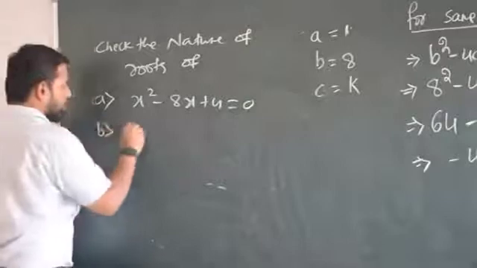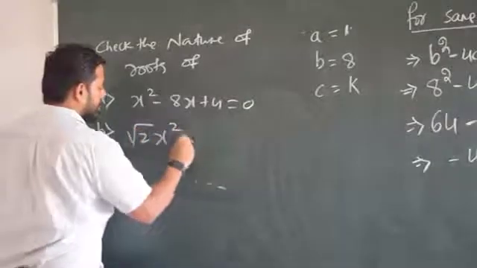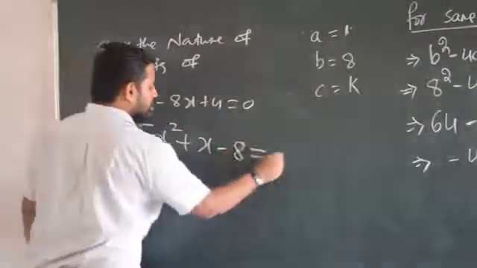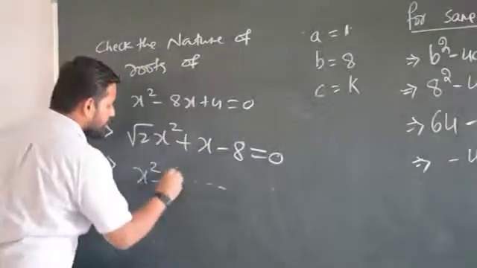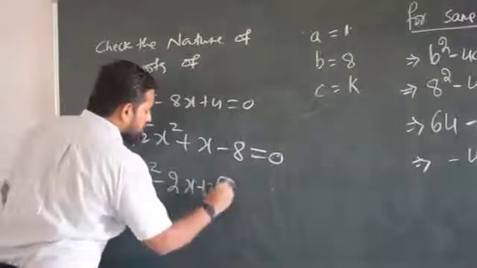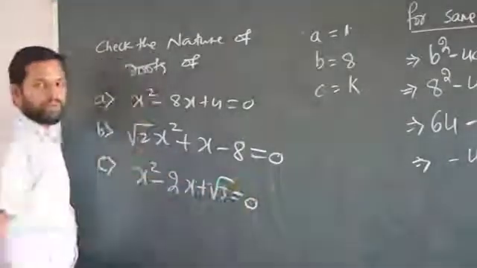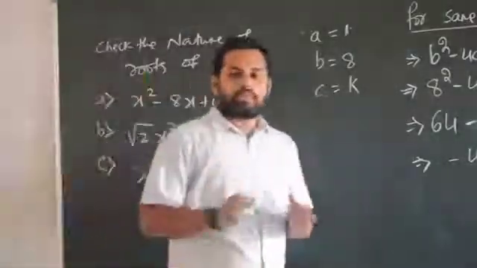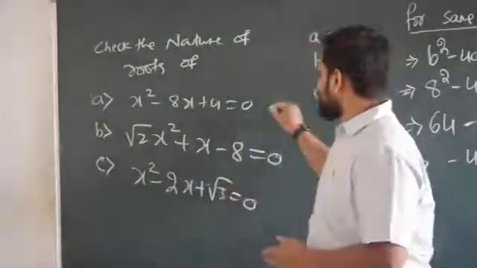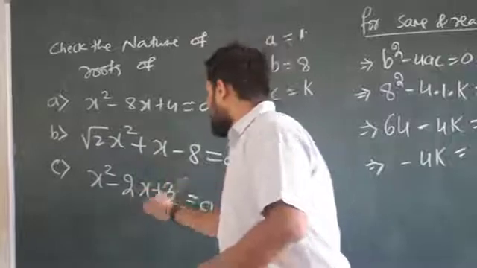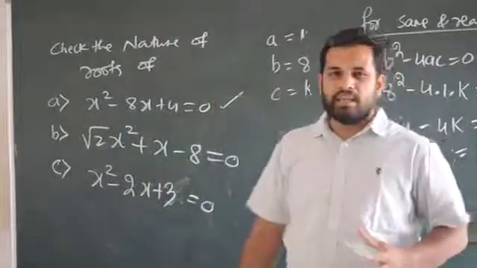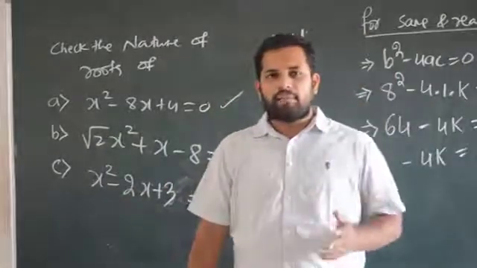B, root 2 x square plus x minus 8 is equal to 0. And third one, C, x square minus 2x plus root 3 is equal to 0. Please keep on solving all these questions. These are 3 examples, you solve them. Otherwise you do one thing: instead of root 3, just take it as 3, because otherwise it becomes troublesome. Okay, fine. I think 1 minute is remaining.